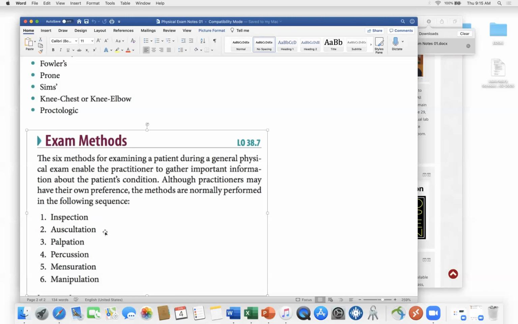Now, auscultation, of course, is when you listen, and it's more of the doctor's job. Auscultation is when we use the stethoscope, and instead of me just talking about it, let me show you.